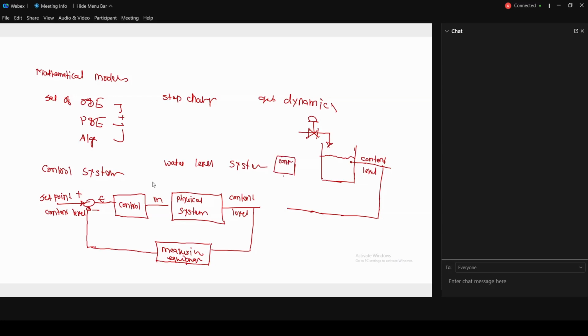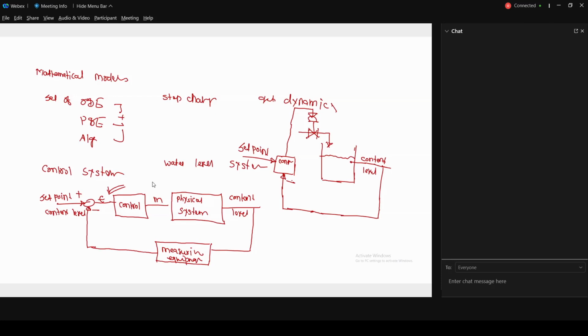I am supplying this value to the controller, and here is my set point. I am telling my controller to maintain this at 10 meters or 15 meters. That I know because it will come from the operating engineers who operate the plant. Then this goes and changes the plant. This is the actual diagram; this is the block diagram of the system, and this is what will actually happen. There are some other components that are not needed here. So this is the control system.